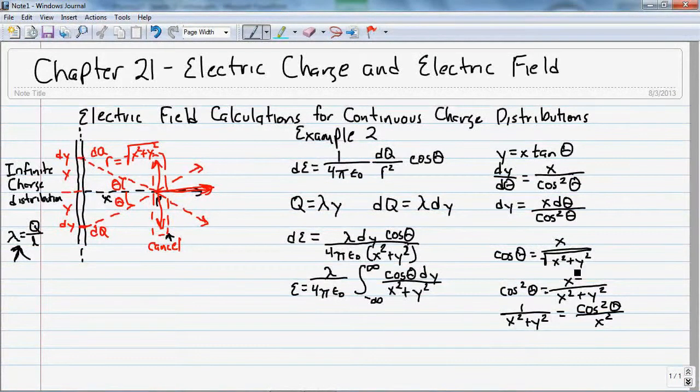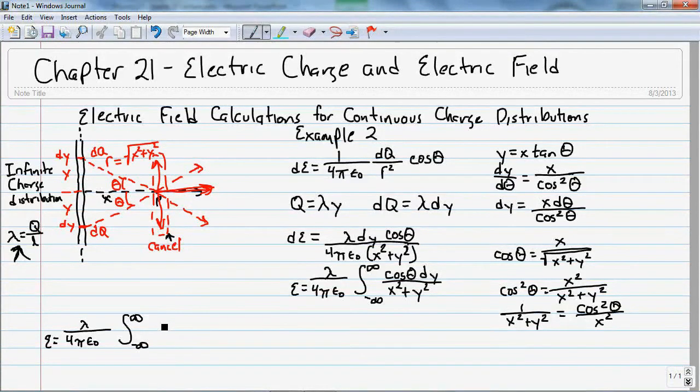Okay, there's a lot of stuff here, so let's start putting things together. So my electric field equals lambda over 4 pi epsilon naught, integral from negative infinity to infinity, and I have 1 over this, which is cosine squared theta over x squared, and I have dy to put in.